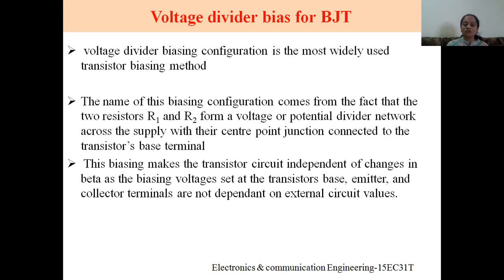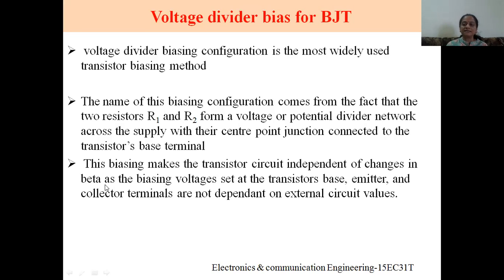This is the most widely used method to provide biasing to the transistor amplifier circuit. Why is it so commonly used? In this biasing configuration, it's very simple. With voltage divider biasing, the transistor circuit is made independent of changes in beta.